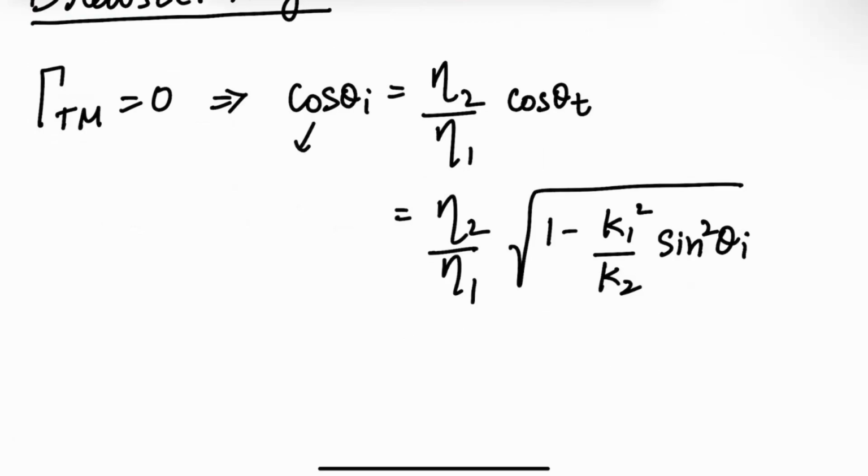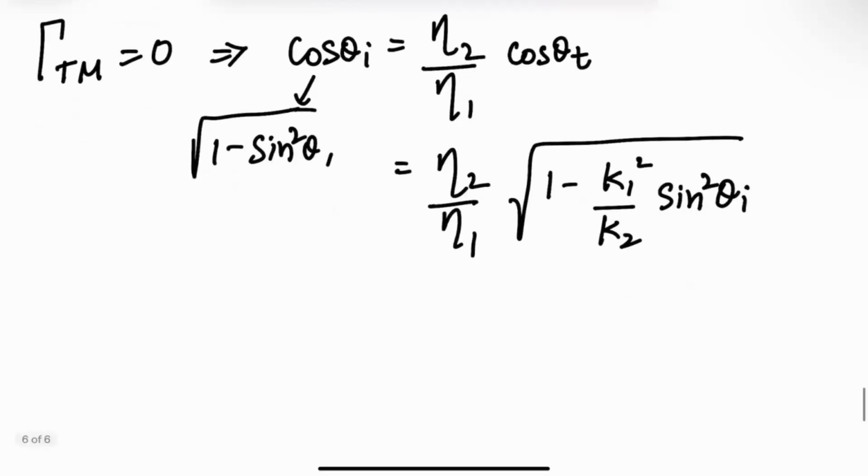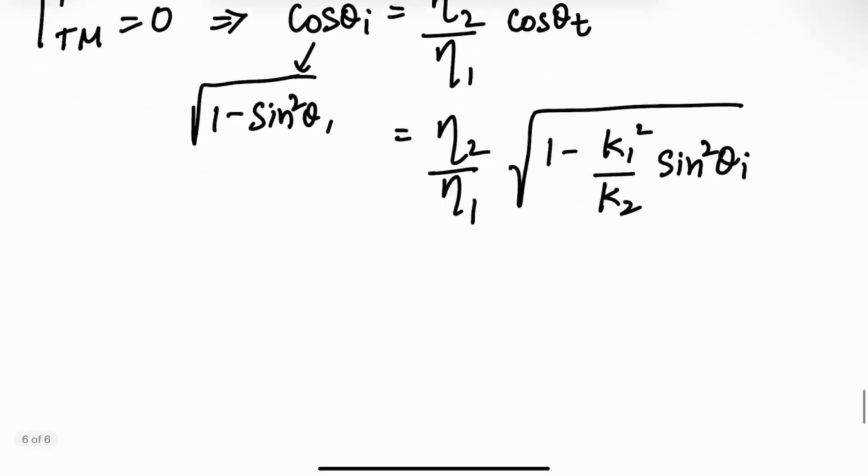And this is square root of 1 minus sine square theta i. So I can equate these two and get an expression for theta i.